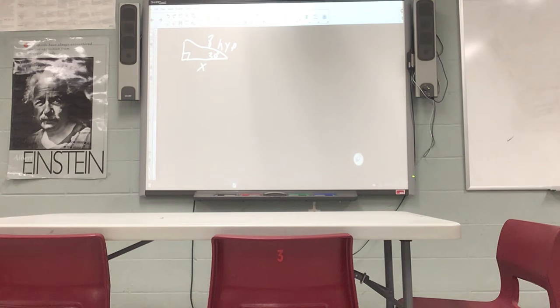Is that opposite or adjacent? Adjacent. So if I'm trying to find X, I'm trying to find the adjacent. So I'm dealing with adjacent and hypotenuse. Which of the three, sine, cosine, or tangent, has that in it? Cosine. So the cosine of 30 degrees is equal to adjacent over hypotenuse.